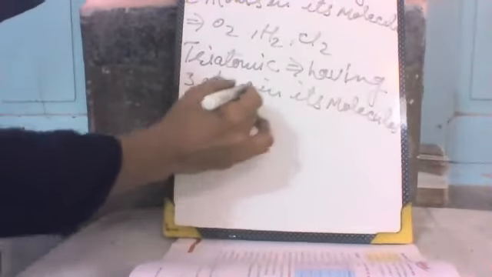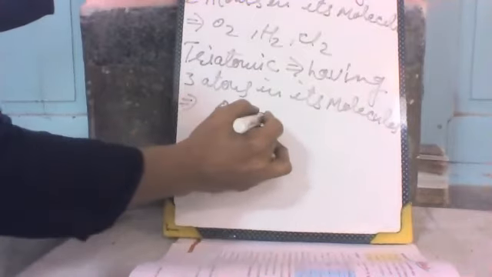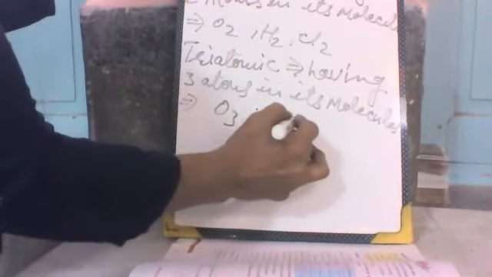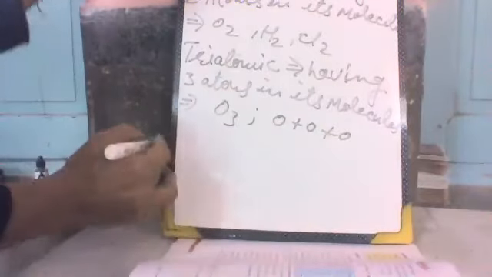And the example is ozone, O3, having three atoms, three oxygen, O, O and O. So due to this it is O3.